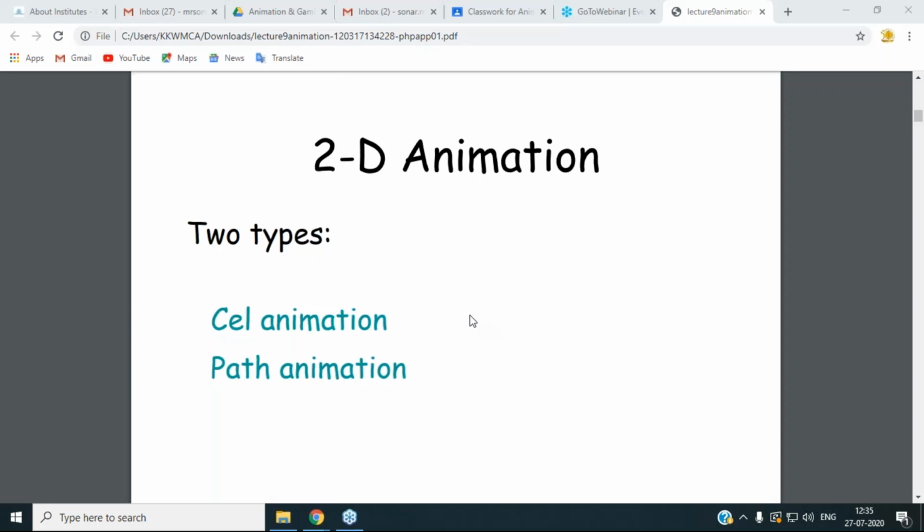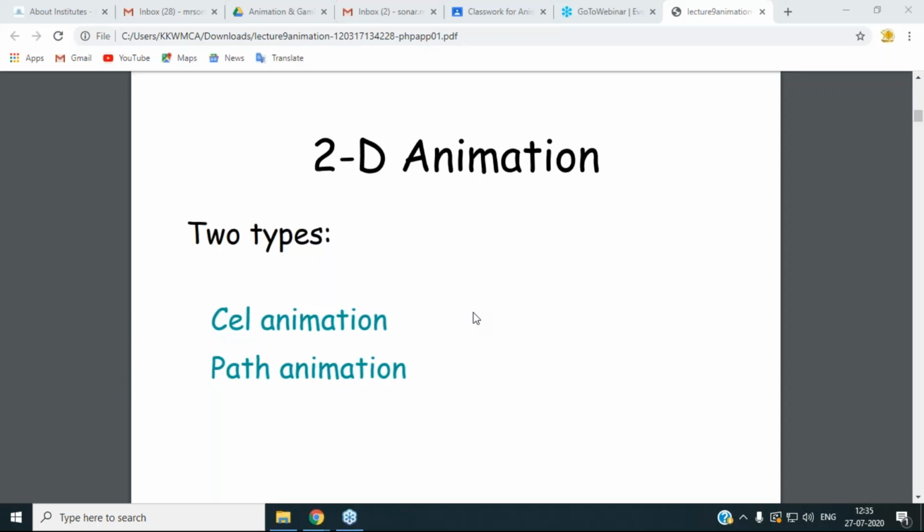There is something called 2D animation, and there is something called 3D animation. Under 2D animation, there are two types: cell animation and path animation. Everybody knows what is meant by 2D animation and 3D animation. 2D means two dimensions; we are able to see all the previous cartoons which were 2D, and everything was flat surfaced.